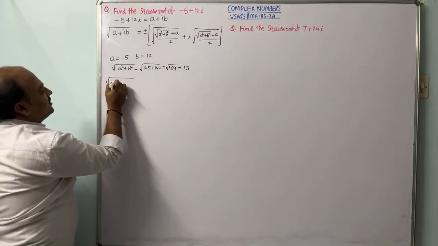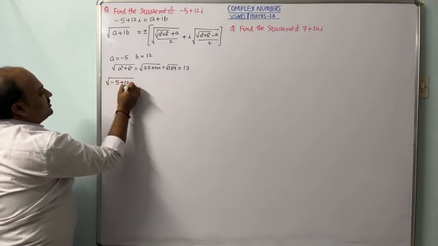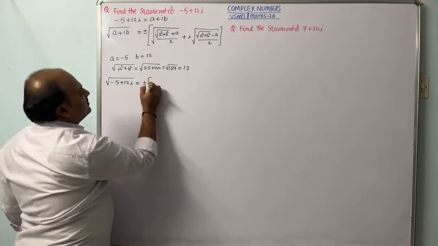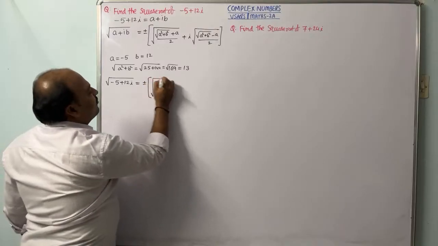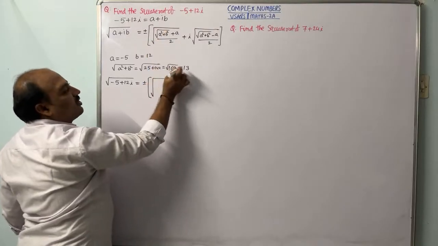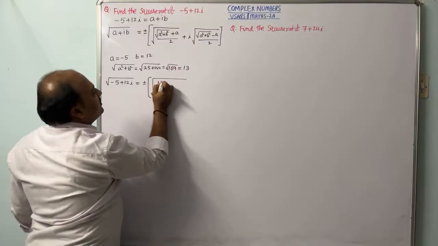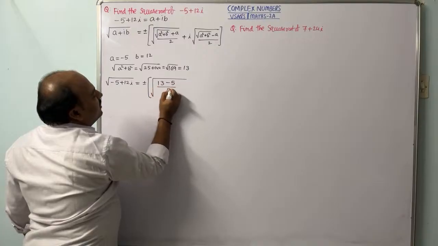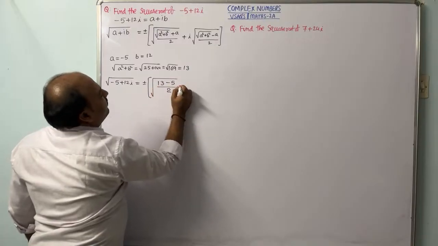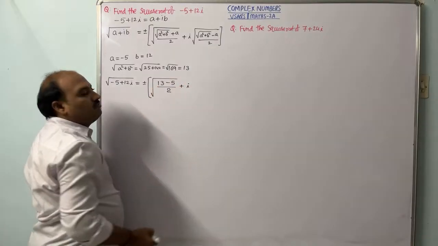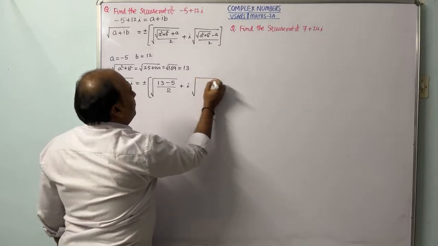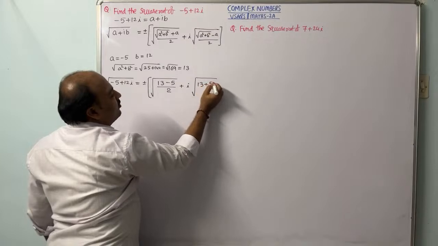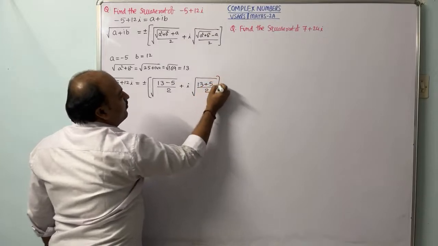Root of -5 + 12i is equal to plus or minus root of (a square plus b square value we got, 13, a value -5) divided by 2, plus i into square root of (13 minus of -5) divided by 2.